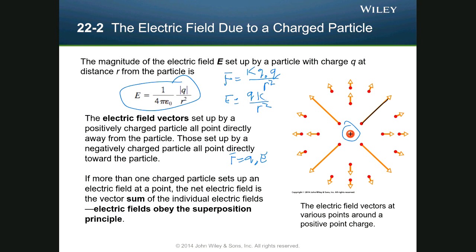And you'll notice that our electric field lines are behaving just like they did in the previous slide. Everything is starting on the positive charge and emitting away.